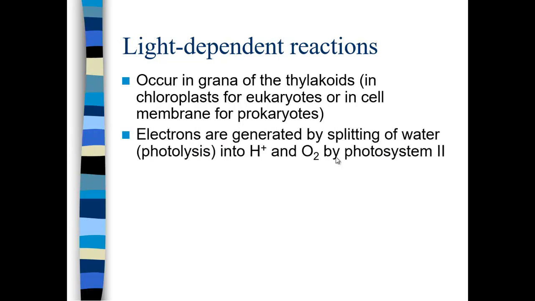Electrons are generated by splitting water, this is called photolysis, into protons and oxygen by a protein complex called photosystem II. So the first thing that happens in photosynthesis is water is split via the action of photosystem II.